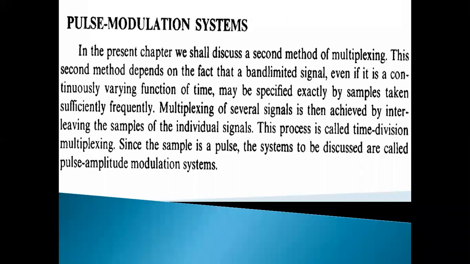Can you define pulse amplitude modulation? PAM is pulse amplitude modulation, where the pulse is used as a carrier. The pulse amplitude changes according to the modulating signal changes. Similarly, in pulse width modulation, the width of the pulse is varied according to the modulating signal changes.